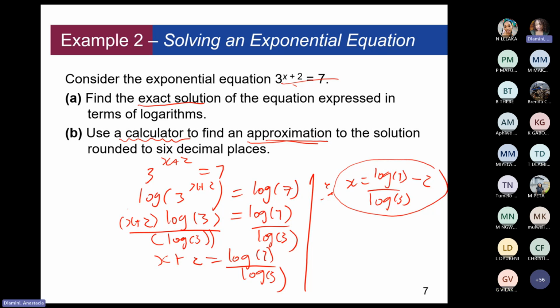This is the exact solution, meaning that if I put this x in here, I'll get 7. But if I put a number which I get on a calculator after solving this, let's say I got 3.4567, I'll get maybe 6.91, which is an approximation of the equation. Especially when it comes to irrational answers.